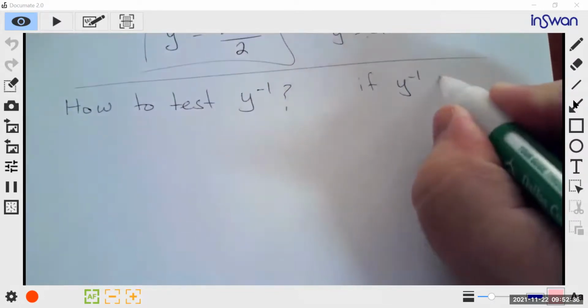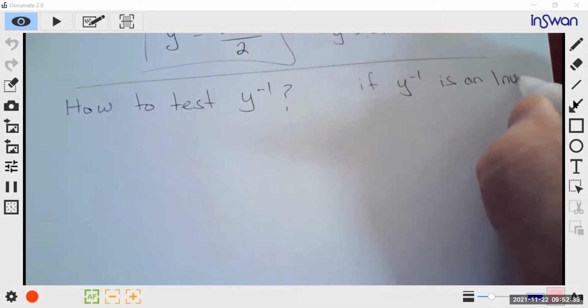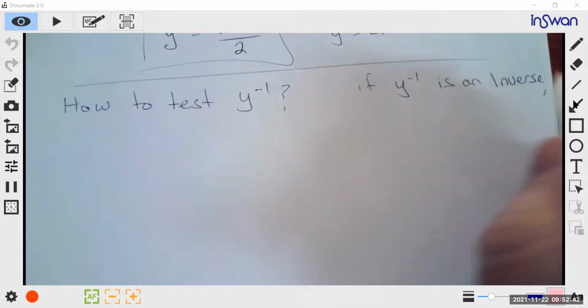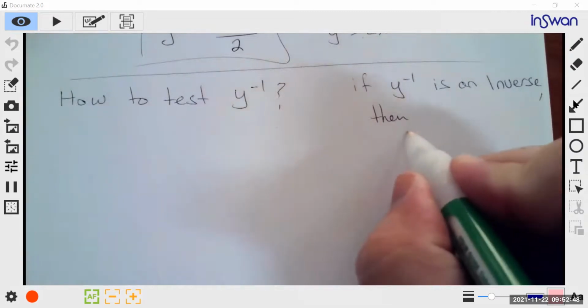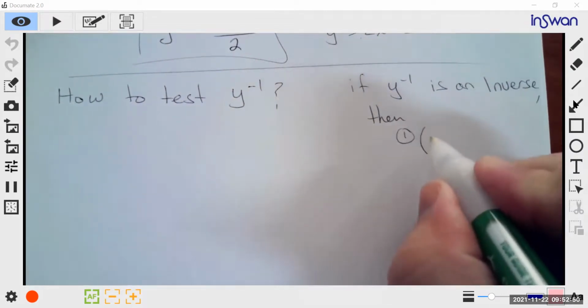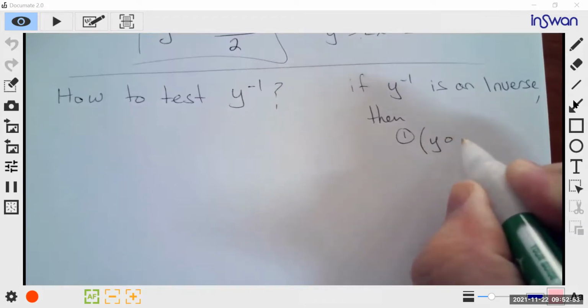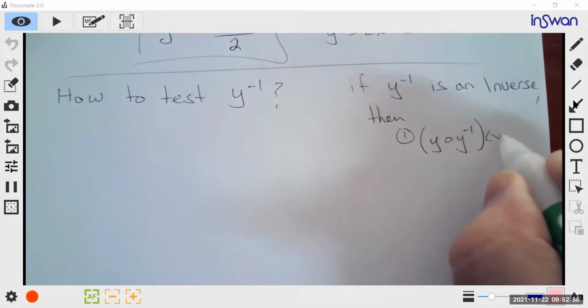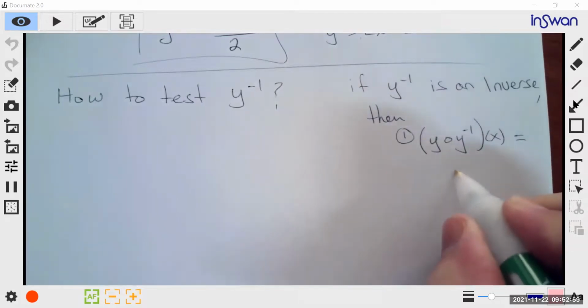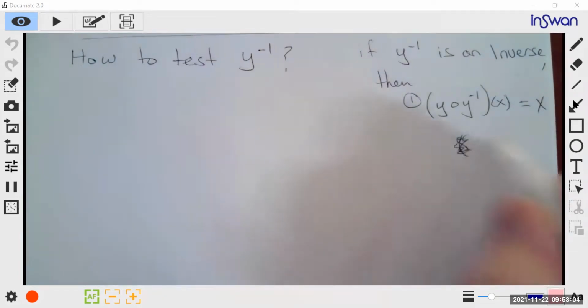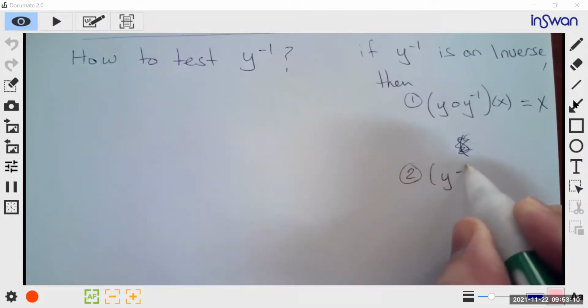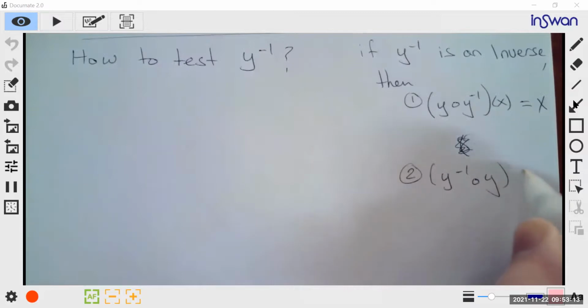If y inverse is an inverse, then these two things have to be true. Y of y inverse has to equal x. And then likewise, the inverse of y of x also has to equal x.